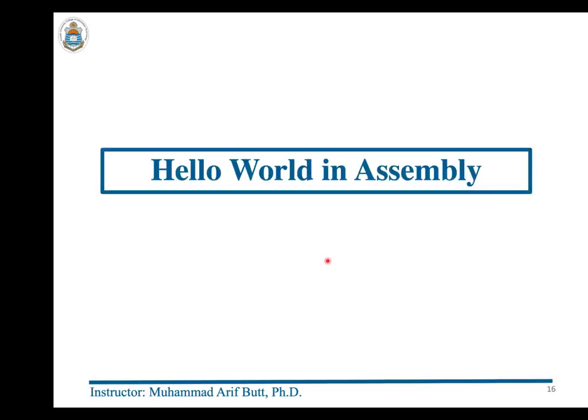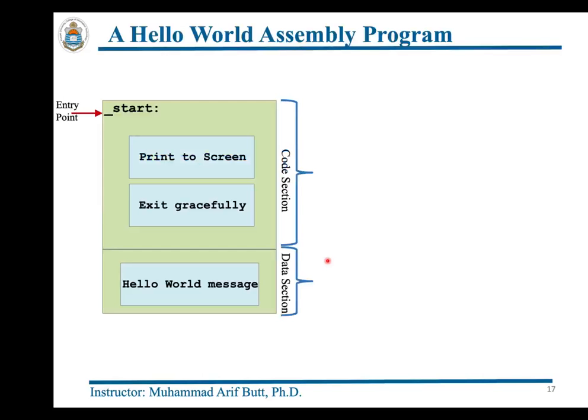So now is the time to assemble, link and execute a Hello World assembly program. So first of all, let's see the structure. Well, dear students, remember the entry point or the execution point of all assembly programs will be the label _start. It can be main as well if you are using GCC, but for the time being, just assume that the entry point will be a label _start.